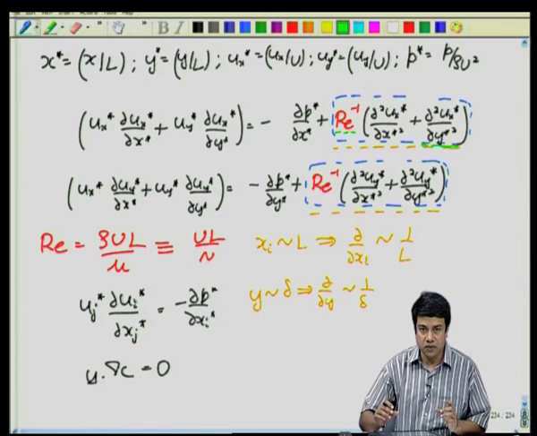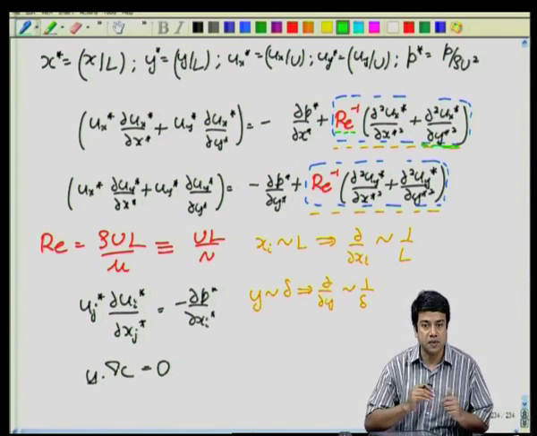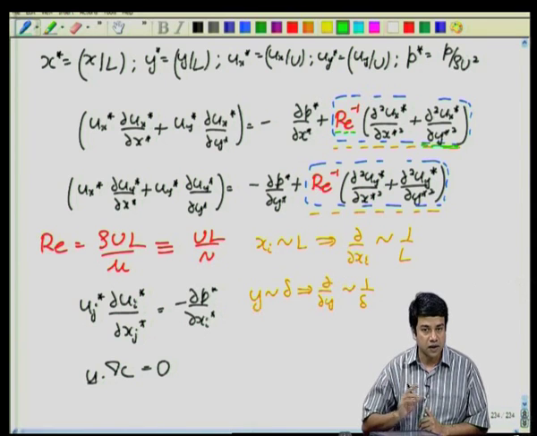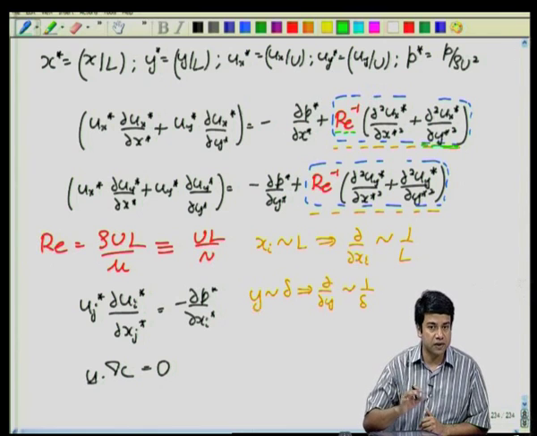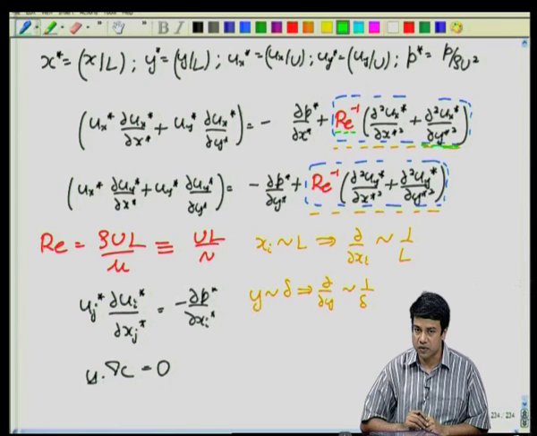I could have a situation where the product of these two, 1 over delta square being a large number and Re inverse a small number, is of the same magnitude as all of the other terms in the momentum conservation equation. In particular, the product of these two is of the same magnitude as the convective terms. If that happens, I have a balance between convection and diffusion, and then I can satisfy the boundary conditions.